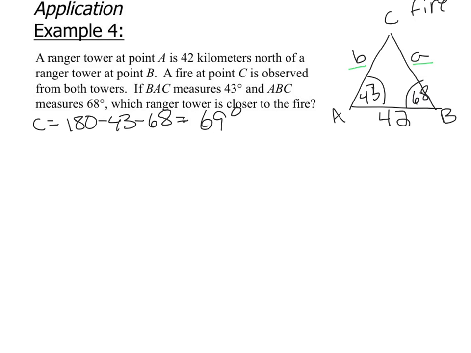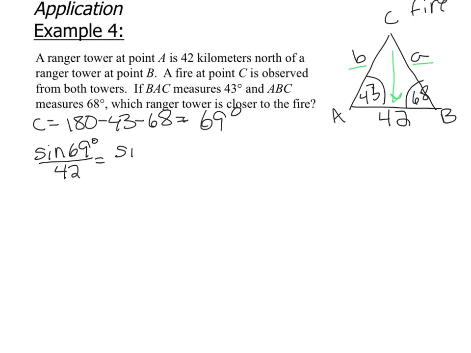So now I can use my law of sines to set up some proportions. Directly across from C is the side length that I know. So I want to say the sine of angle C, 69 degrees, over 42 is equal to, I can pick either one to solve for first.